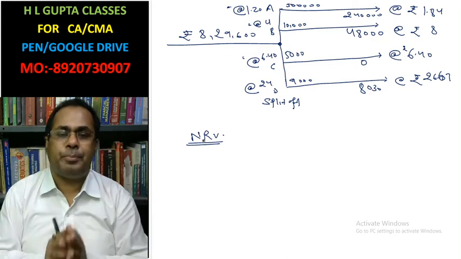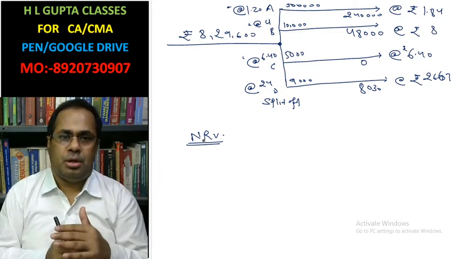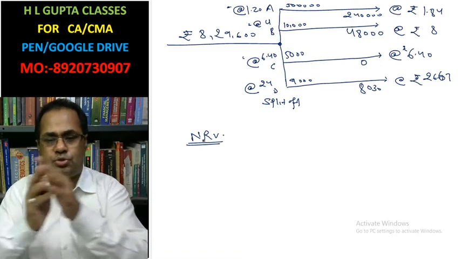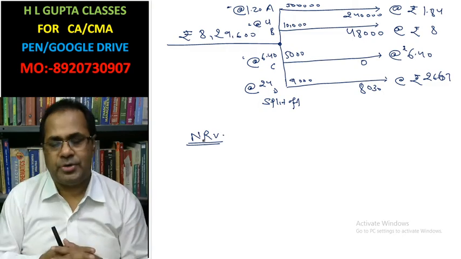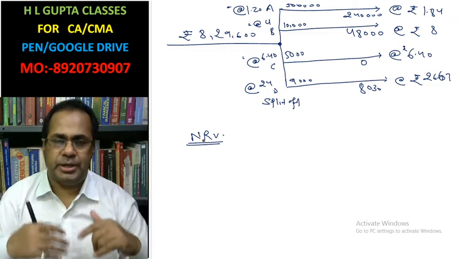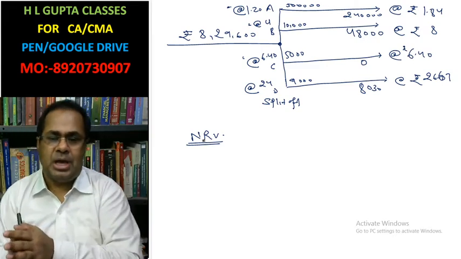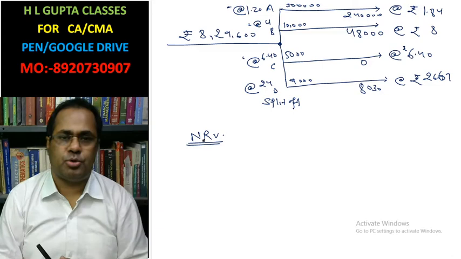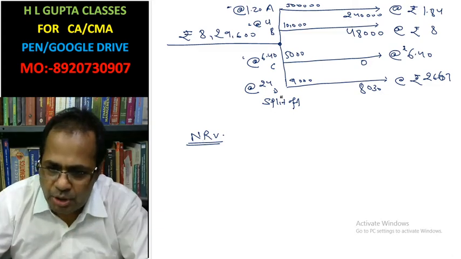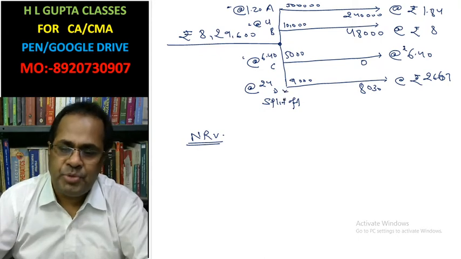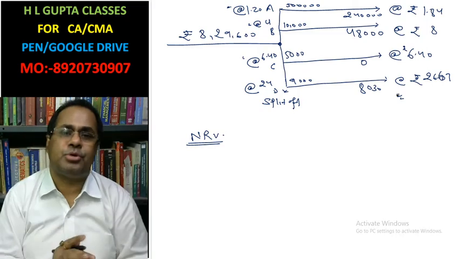You have to compare the profit of A, B, C products if sold at split-off and sold after further processing. Thereafter, you have to recommend which product should be further processed and which product should not be further processed, that is, which product is sold at the split-off point and which after further processing. That you have to decide here.